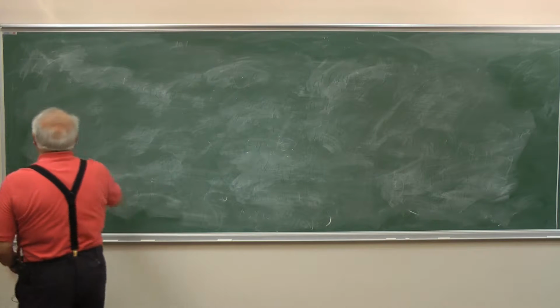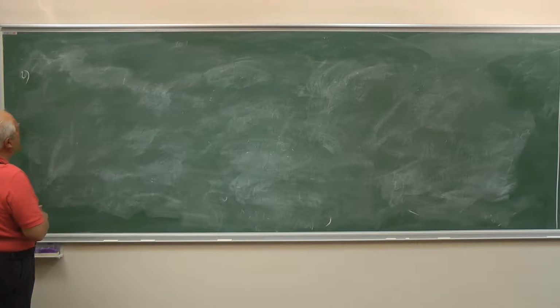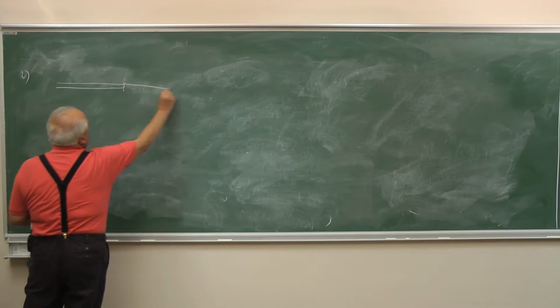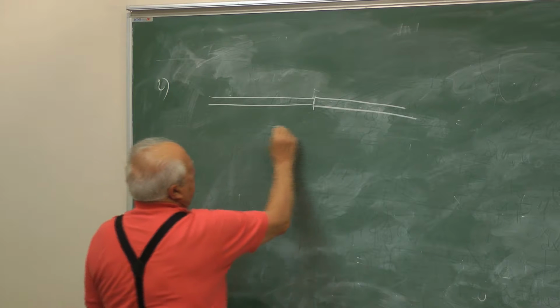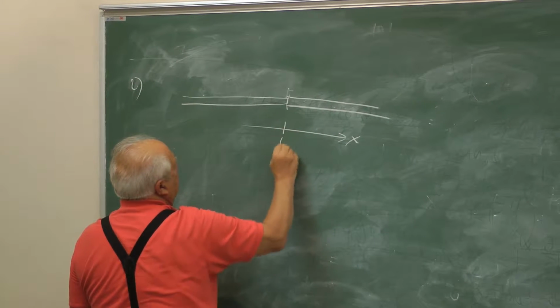So the second problem for waves on a string, we shall consider this. This is the x-axis, this is x equals 0.